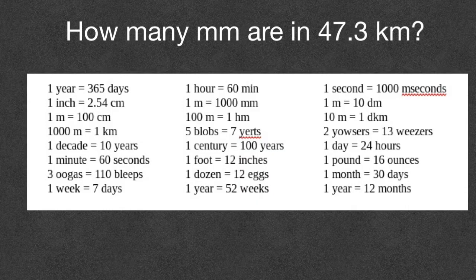So here is my list of conversion factors. Now let's see what we have. We know we're starting with kilometers. So if I look over here in my conversion factors and I'm looking for kilometers, here's kilometer right here. Let me make a little mark right there.